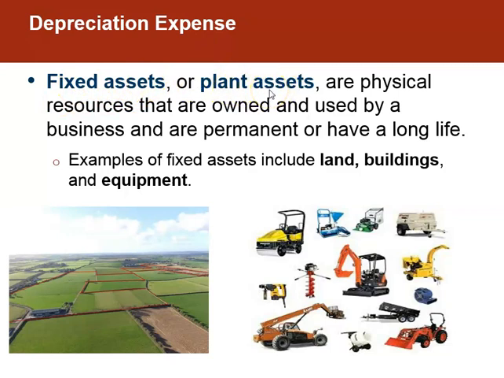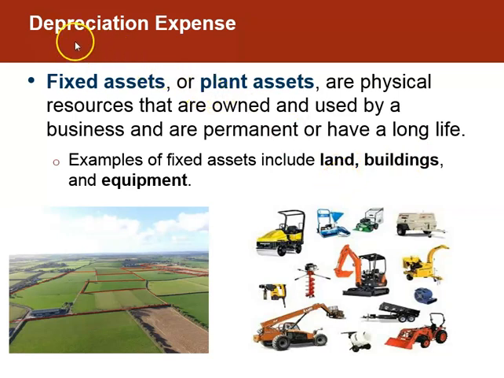Now, we're going to discuss fixed assets or plant assets. These are assets that are used in the ordinary and necessary course of business. We're going to discuss those in greater detail later in the course. But for now, we need to understand just some examples of what fixed assets are, and then which of these are depreciated and which are not, because we've got three examples here: equipment, buildings, and land, but these are not all going to be depreciated.